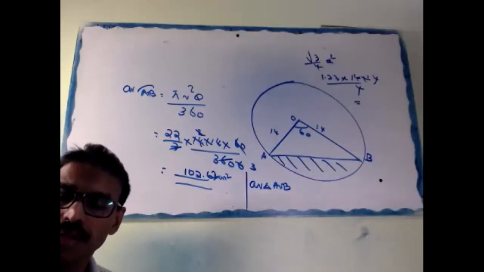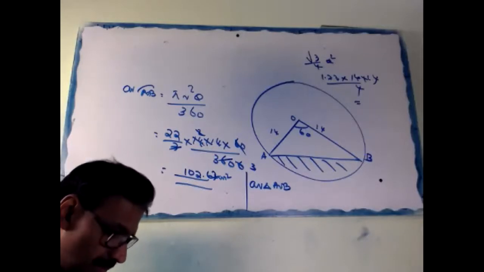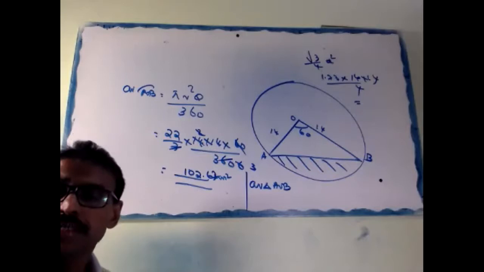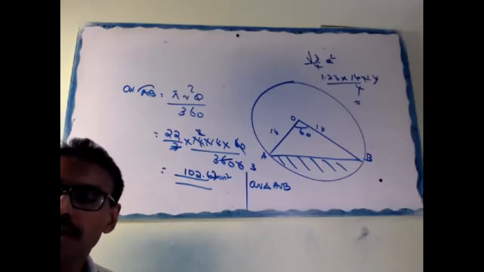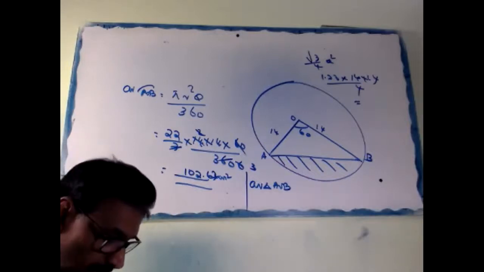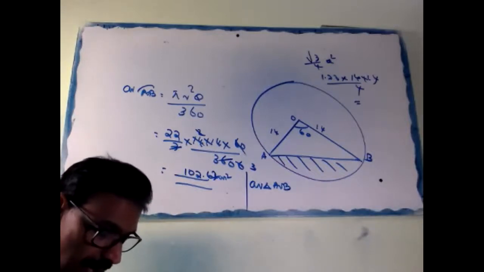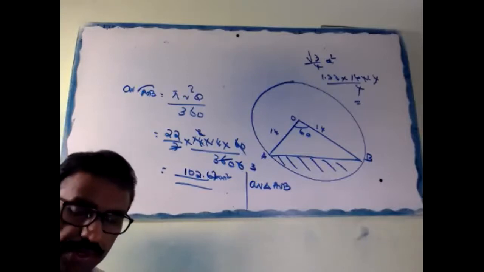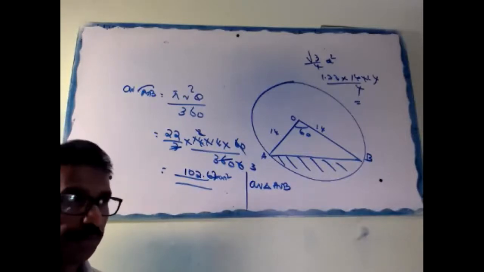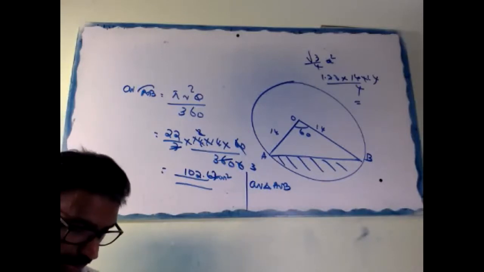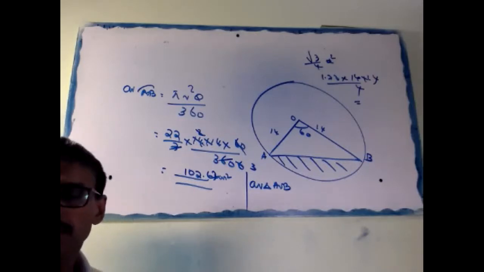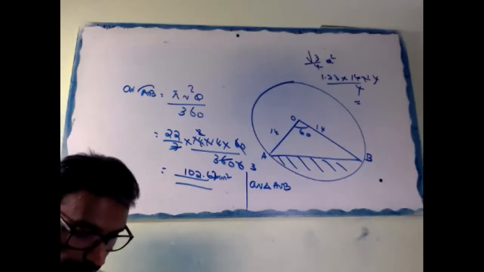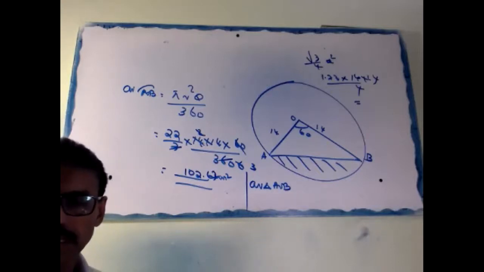In figure, AB is 36 centimeter, and M is the midpoint of AB.